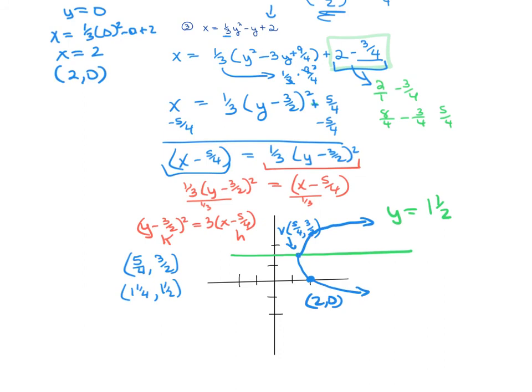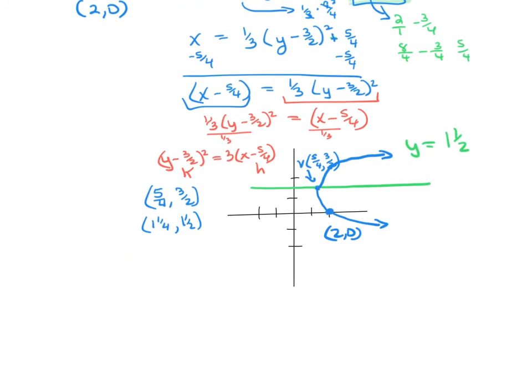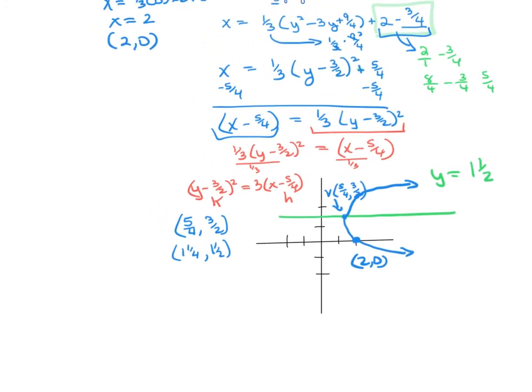Now, next I need to find my focus. So I'm going to take my vertex and add the p-value. Oh, I didn't find the p-value yet. Let's do that next. So again, 4p equals this number here, which is the simplified one. I set it equal to 3, divide by 4, and my p-value is 3/4. Lots of fractions here.